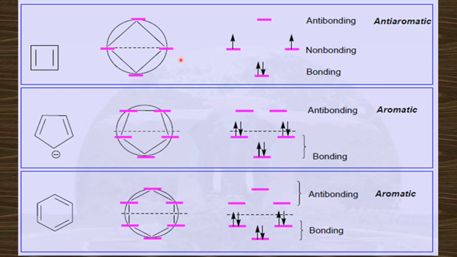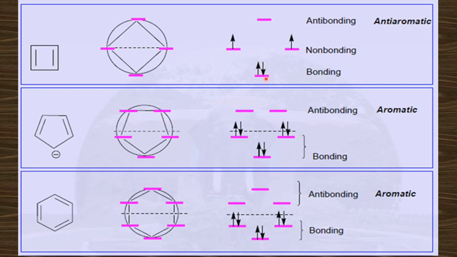Now, there are four delocalized pi electrons in cyclobutadiene. We have to fill them in the molecular orbitals. There are four molecular orbitals, one with the lowest energy, one with the highest energy, and two non-bonding molecular orbitals.